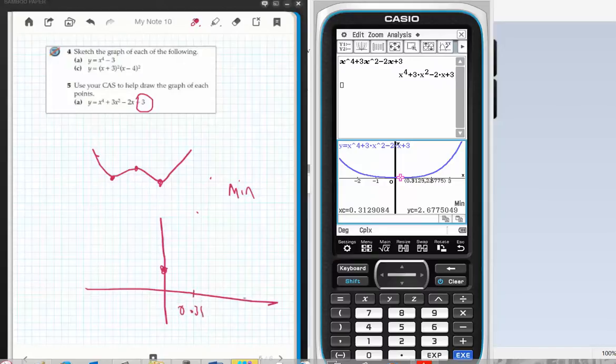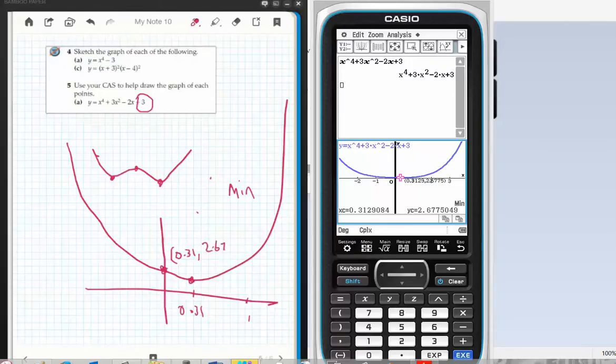So that's 0.3, that's probably 1 there. So my graph looks like that quartic, where I have a turning point there. If I was going to do 2 decimal places, -0.31 and 2.67, and it has a y-intercept of 3, and that's what it's going to look like.